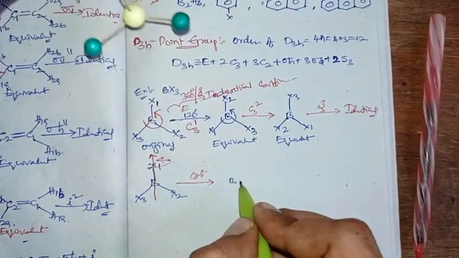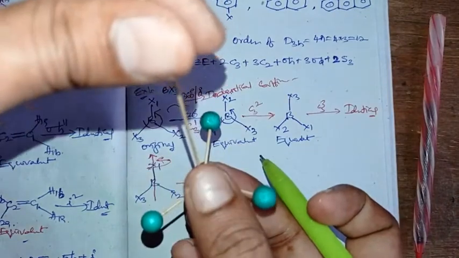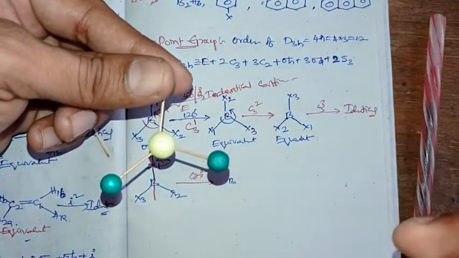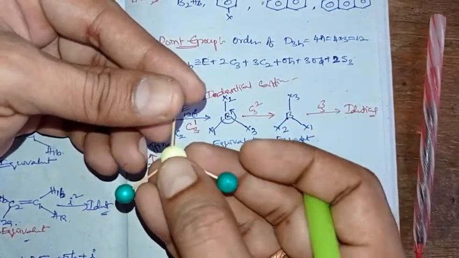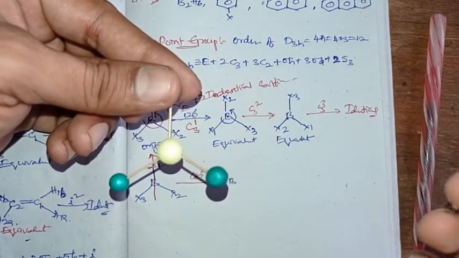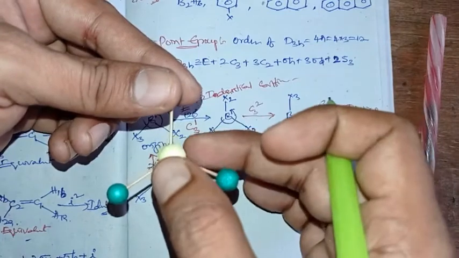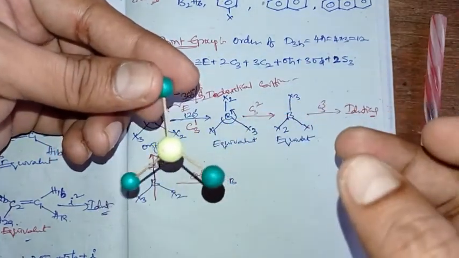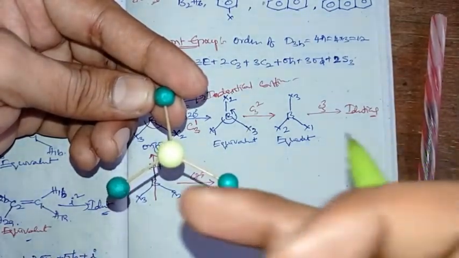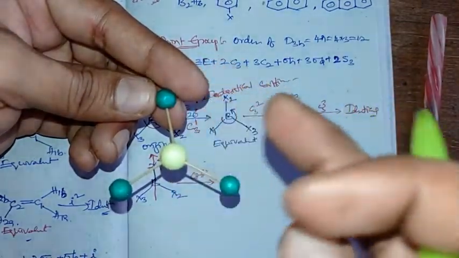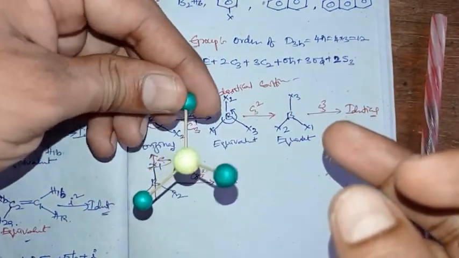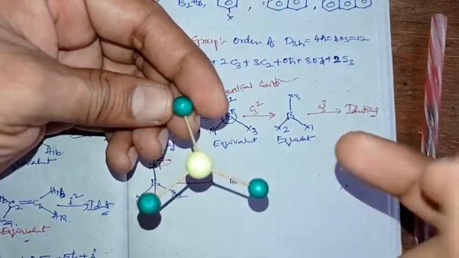what happens to the boron position? With the help of this particular boron-X1 bond, if we rotate the molecule, the boron and X1 positions stay the same, but the other two halogens exchange their positions.